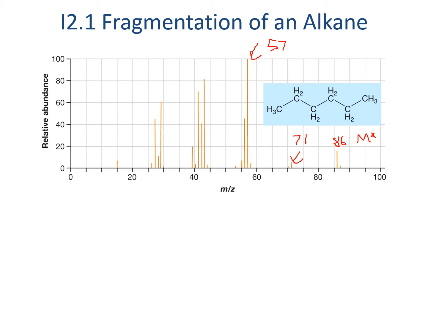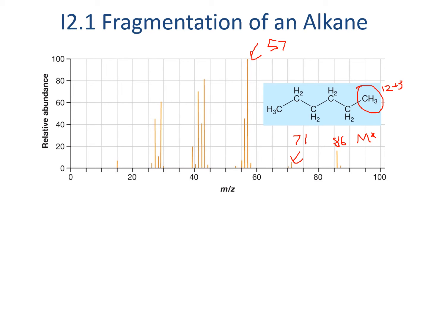And we see that this is much less stable than the 57 fragment. The 71 fragment is 15 lower than 86. It comes from shearing off a CH3 group, 12 plus 3 for 15 total mass units, and we'd have a methyl radical.